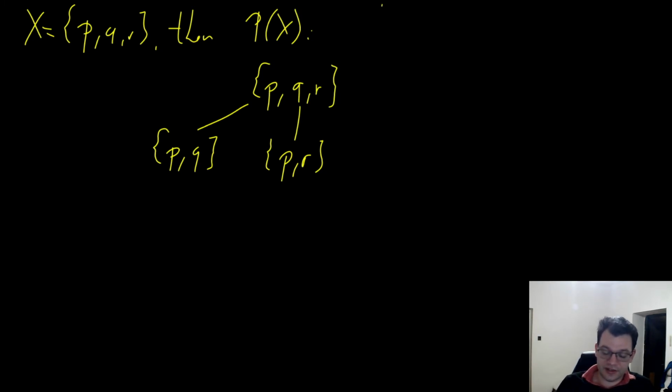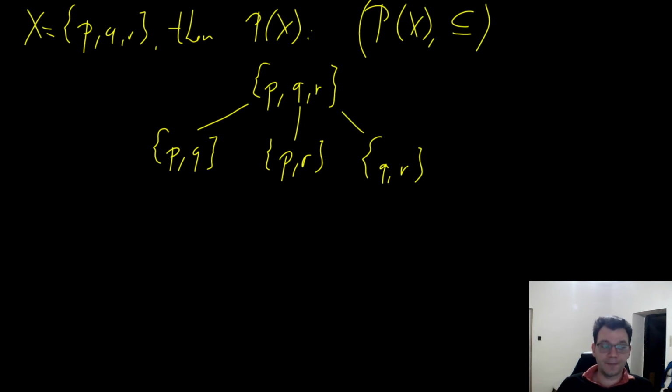So P(X) is equipped with the subset relation here, and {q,r} is also a lower bound for {p,q,r}. But these three elements are not related at all. Neither {p,q} is a subset of {p,r}, nor {p,r} is a subset of {p,q}. So this is not a totally ordered set. It's just a partially ordered set.